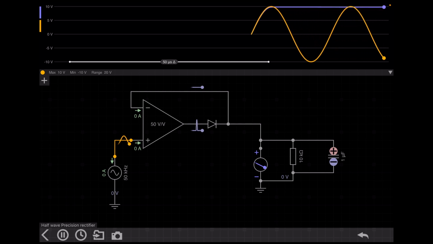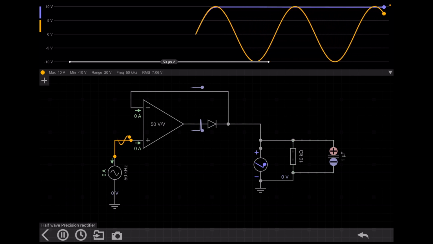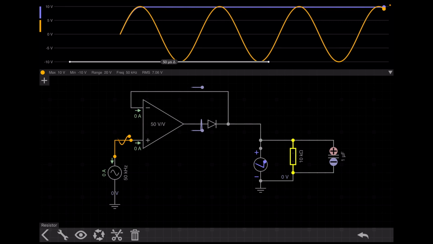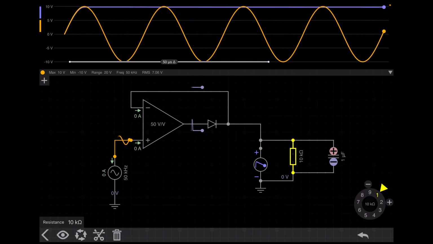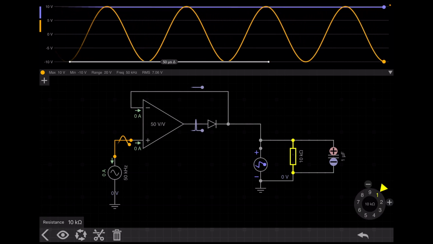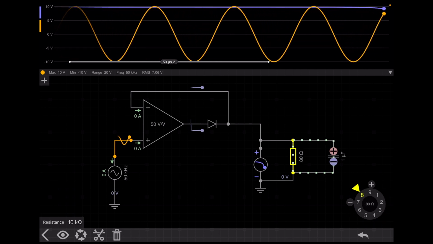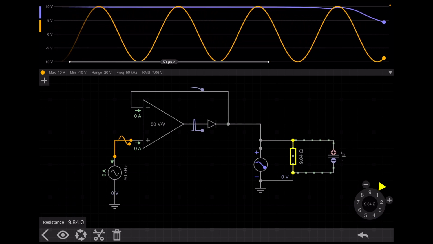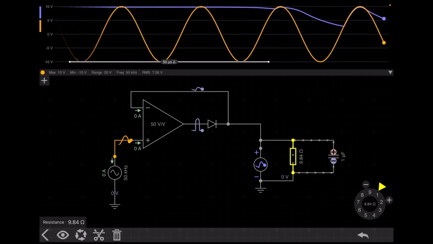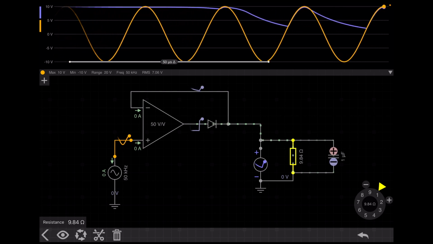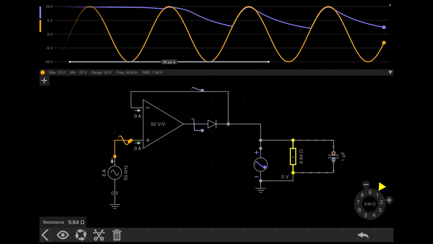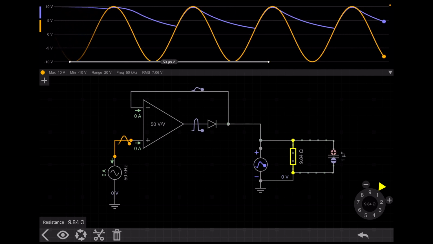Now you can see it looks like it follows the same path, but it depends upon the resistor. As you can see, the resistor is already 10K. Now, if I decrease this value, very beautiful, as you can see, it's only 10 ohm, so it is discharging through the 10 ohm.